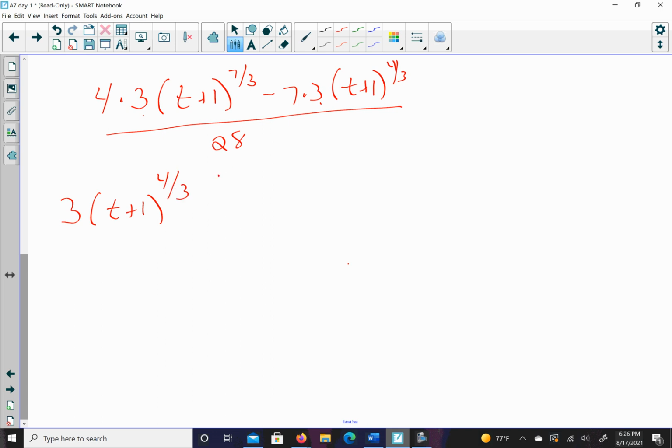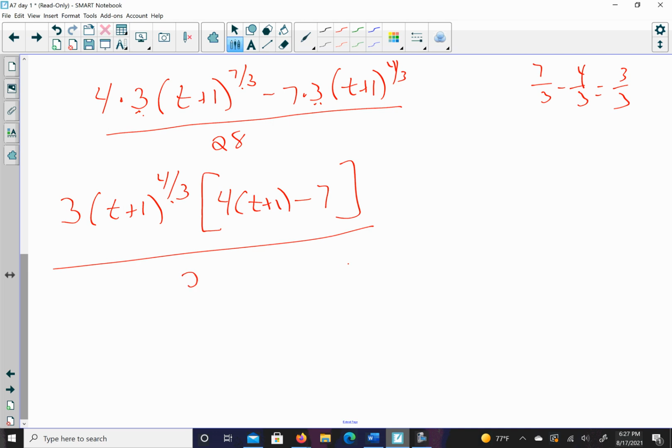And what I'm left with is, here I factor out this 3, so the 3 is gone, so I have the 4. And this power is more than this power, so I'm going to have a quantity of t plus 1 left. And to find out what that is, I could take 7/3 minus 4/3 and get 3/3, which means it's raised to the first power. I'm not going to bother writing the 1. Minus 7, factored out the 3, factored out the t plus 1 to the 4/3. And this is all over 28.